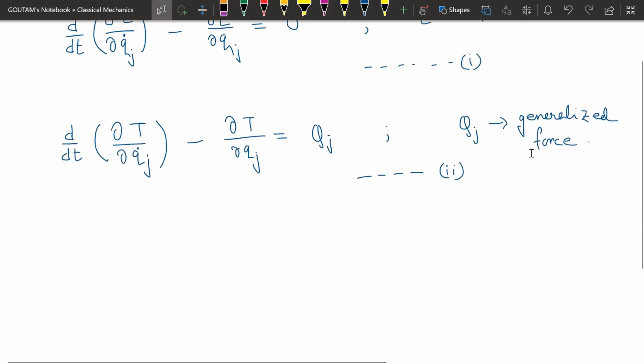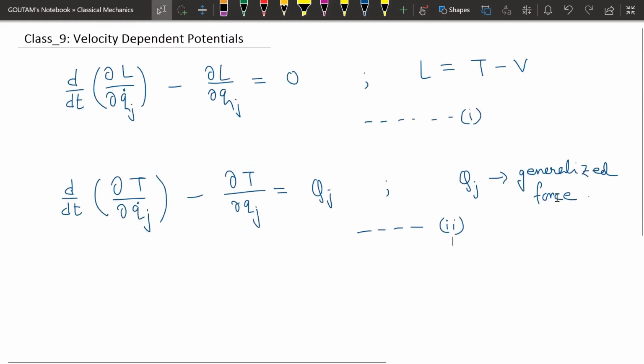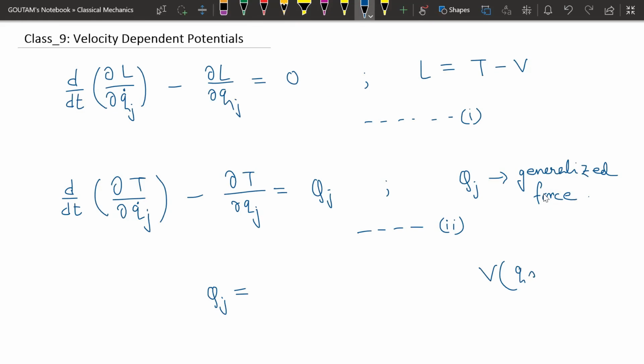From this equation, we assumed that the generalized force Q_j is derivable from a potential, and the potential is V, which we assume is velocity independent. So it depends on q's only.